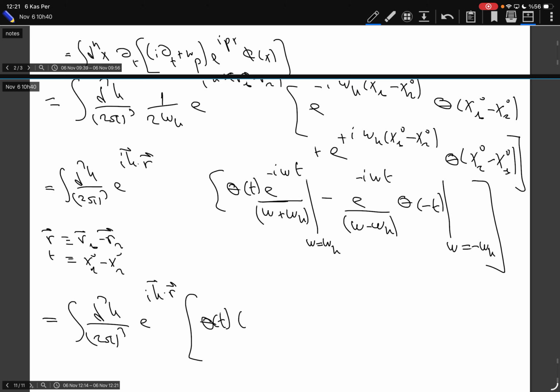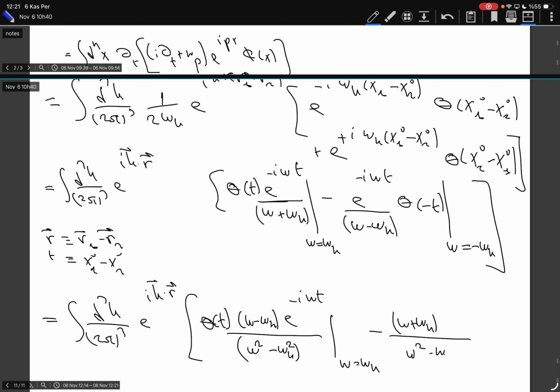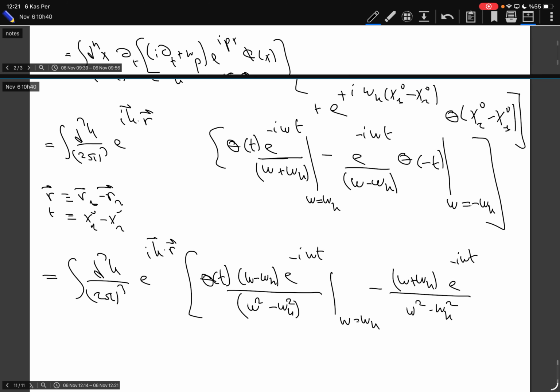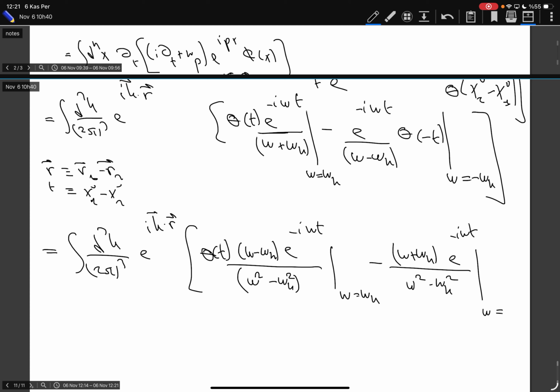Theta of t, omega minus omega k, e to the power minus i omega t divided by omega squared minus omega k squared, evaluated at omega equal to omega k, and minus e to the power minus i omega t divided by omega plus omega k divided by omega squared minus omega k squared, evaluated at omega equal to minus omega k.